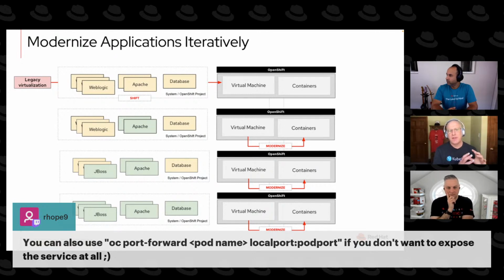Your application is running on your legacy virtualization platform, whatever it happens to be today. We actually have migration tooling that will bring in those virtual machines and migrate them, just as we do to migrate things to Rev and OpenStack today. A similar technology is used to bring the virtual machine wholly into OpenShift.